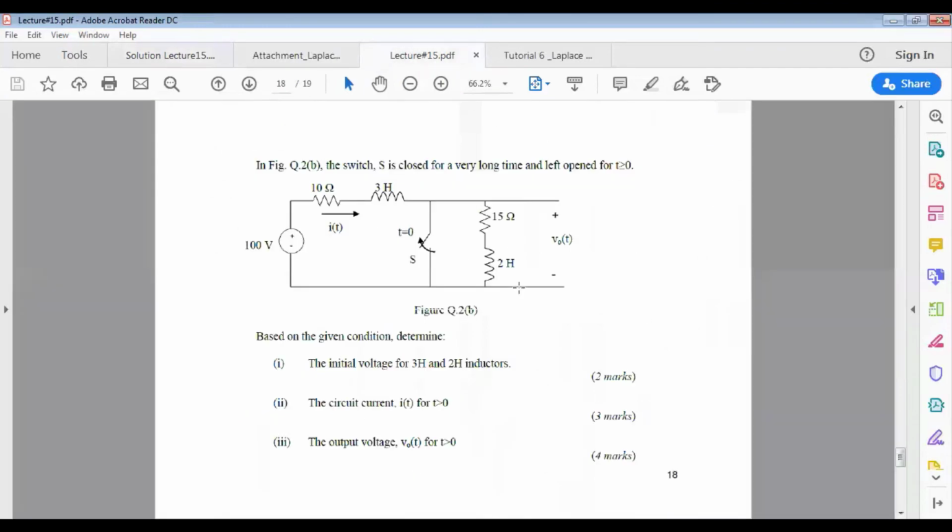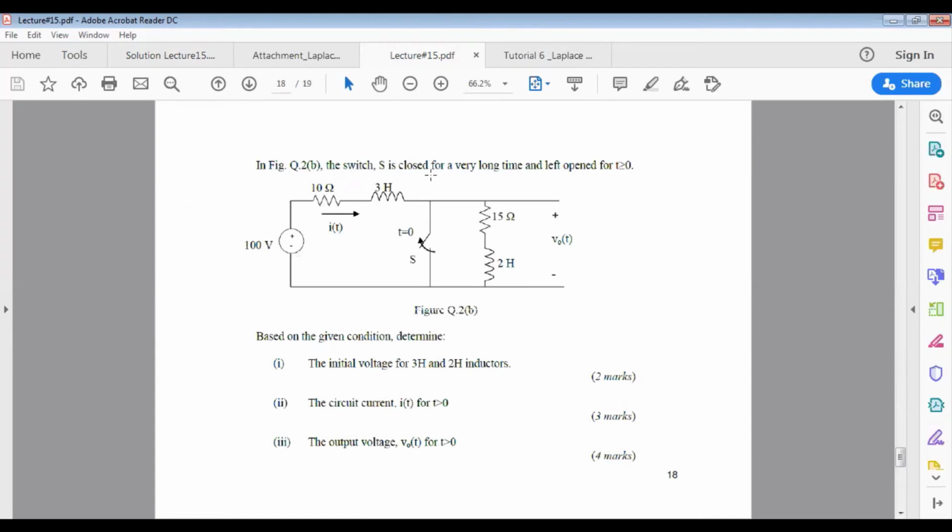Okay, so let's have a look at example number 4. We are given these problems, where we have a 100 volt voltage source, a 10 ohm resistor, a 3 Henry inductor, a 15 ohm resistor, and a 2 Henry inductor.